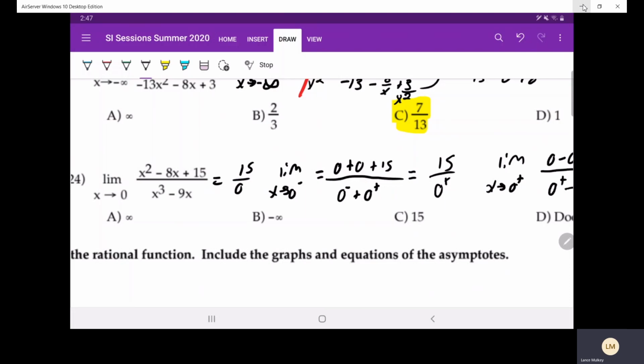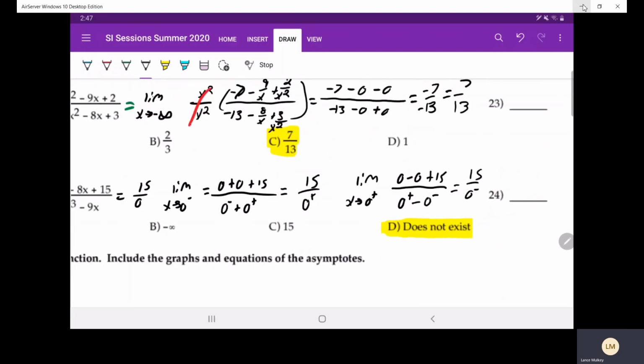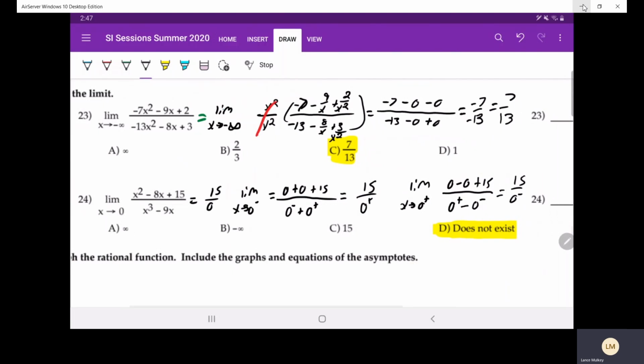Okay. It's approaching infinity, but it's different from both sides. When you test it from the left, when you cube x down here, it's going to be way smaller than x to the single power because you're dealing with such a tiny number. And when you cube a tiny number, it gets even smaller, right?